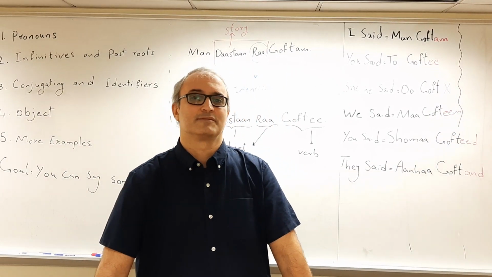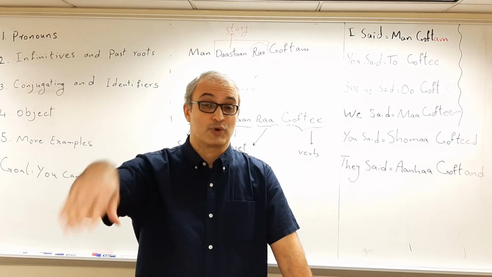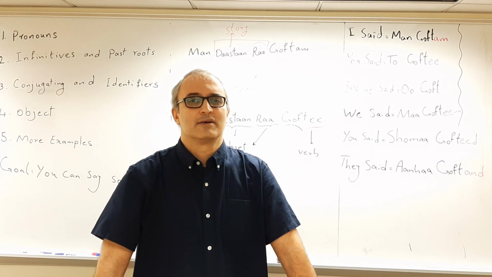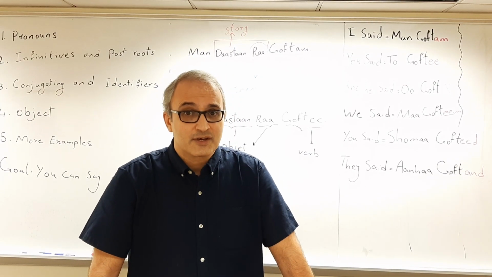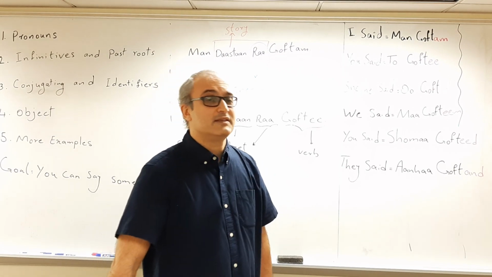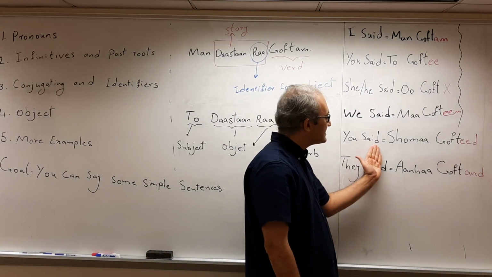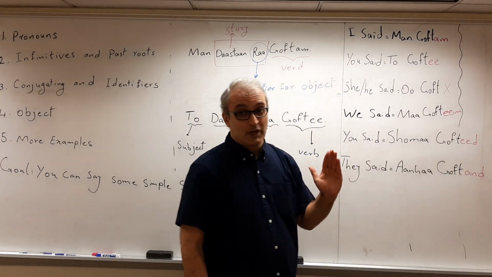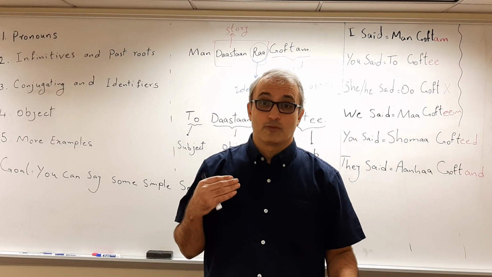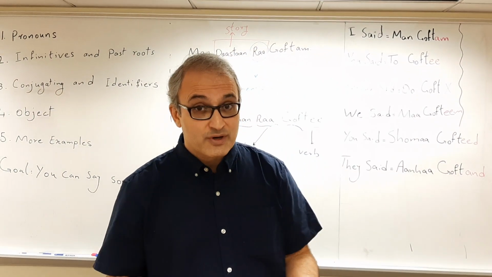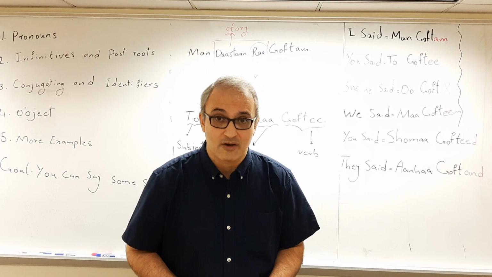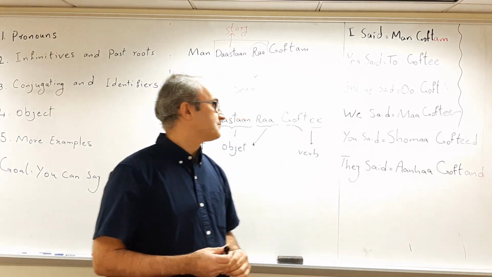شما, you, more than one person. شما داستان را گفتید. Look at this. You said. شما گفتید. But when I want to say you said the story, I have to say شما داستان را گفتید.